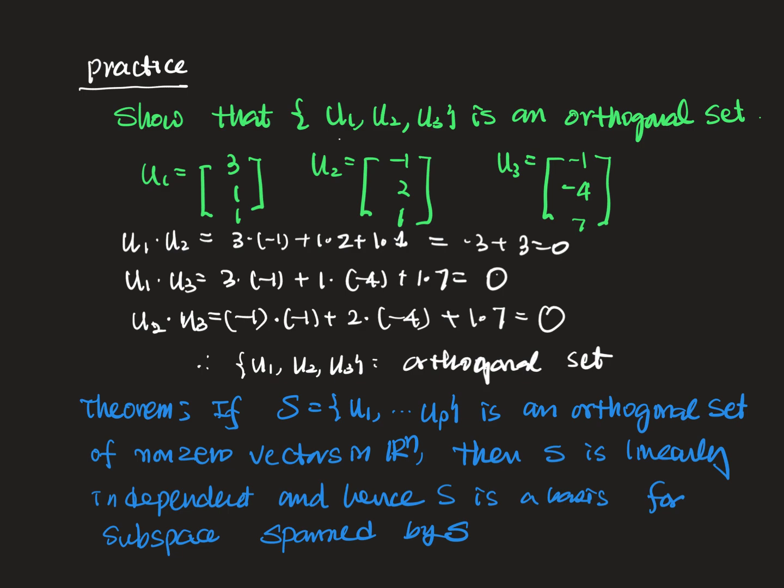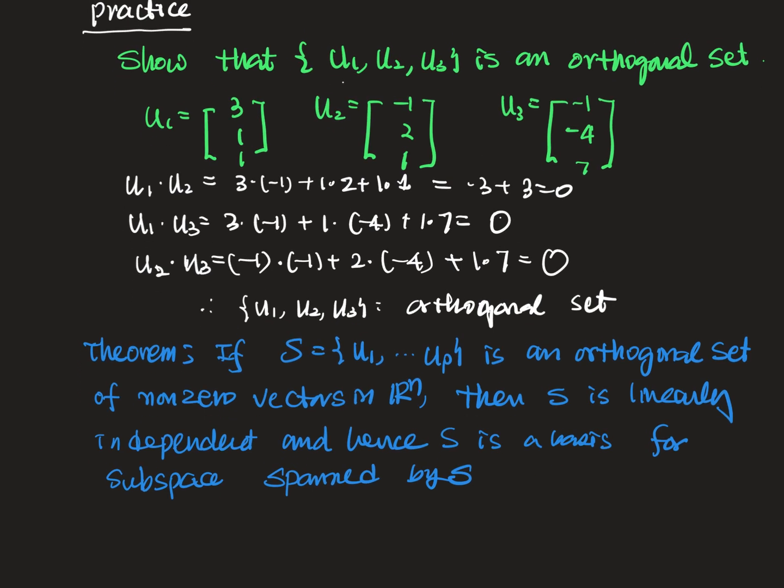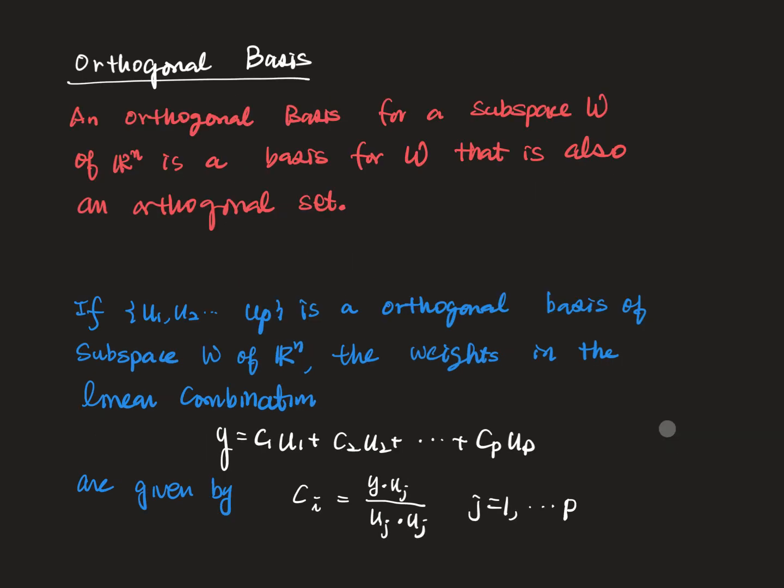Now the theorem, guys, is very powerful. If S is an orthogonal set, you don't have to prove it, S is linearly independent, and S is a basis for the subspace spanned by S. So this theorem guarantees that if a set is orthogonal, it is a basis for the subspace spanned by S. What is the definition of an orthogonal basis?